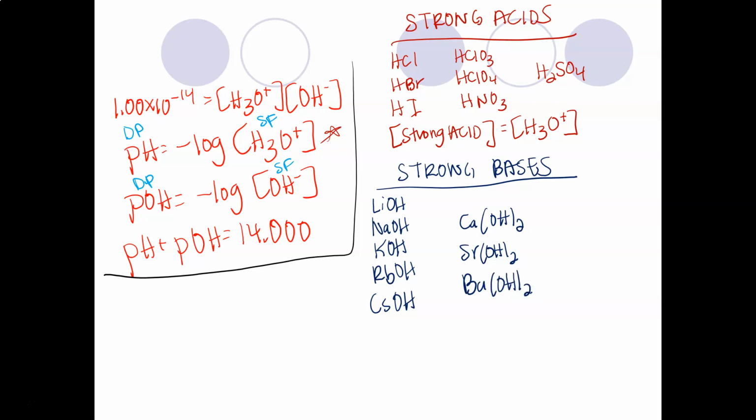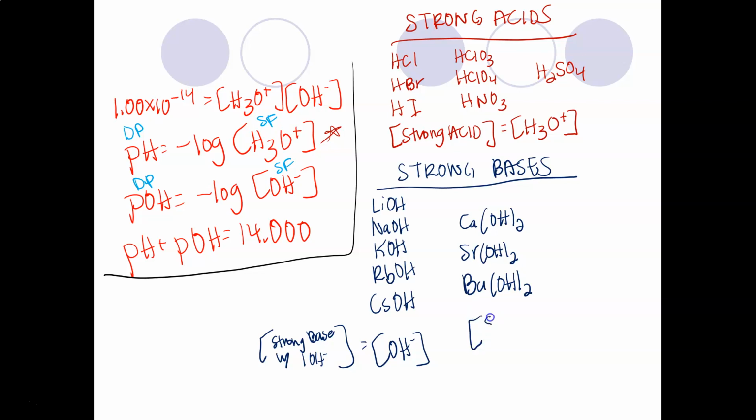And what this means if they're a strong base is that they dissociate completely. So if we have a strong base that has 1 OH minus, my first list, we know the molarity of the hydroxide ion. It's the same. The molarity of the strong base is equal to the molarity of the hydroxide ion.